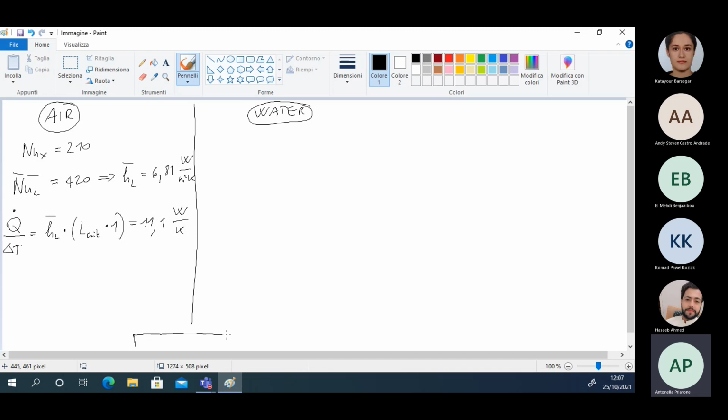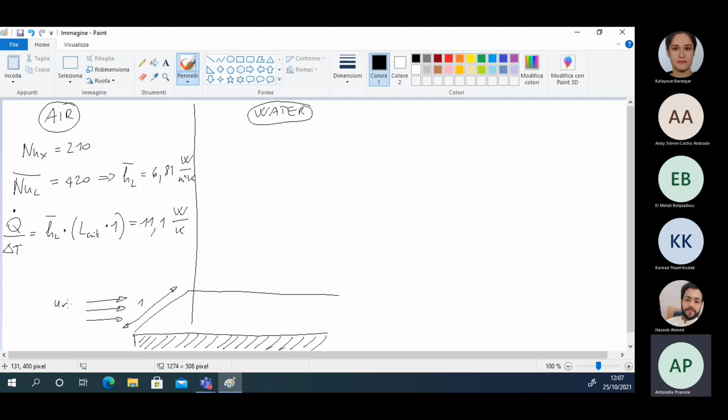So I'm considering again a plate with unitary width in that direction.